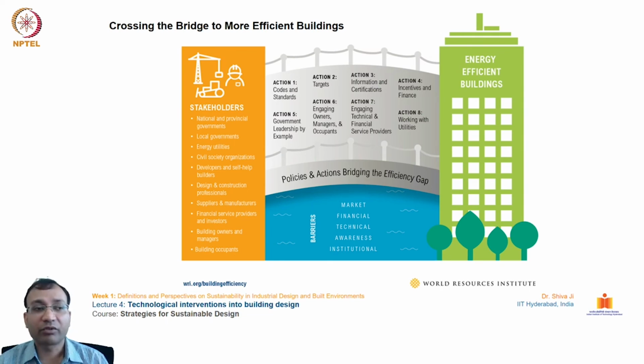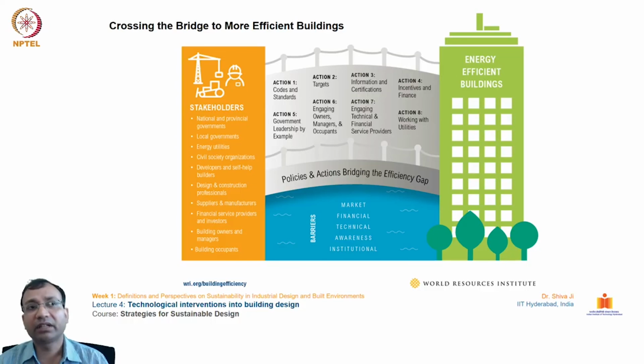Design and construction professionals like you and me, suppliers and manufacturers, financial service providers and investors, building owners and managers, and of course the last one is very important, building occupants, because they are the people who are going to use these buildings over a long period of time. So during the operation stage, their involvement, interest and intention matter the most.